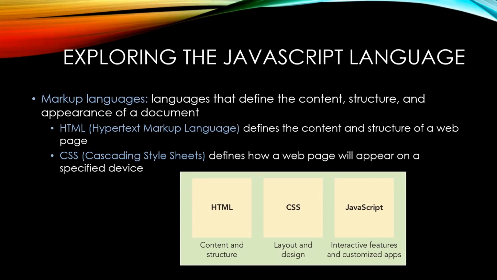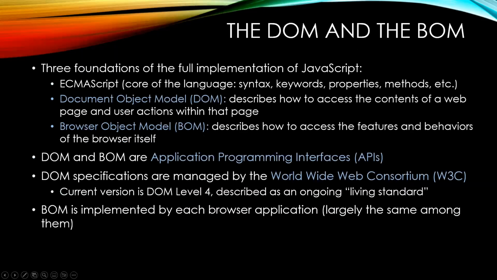Another type of markup language that we are going to look at is a CSS file. You may have heard this before. It's called a cascading style sheet. That basically defines the appearance and the layout and the design of your web page. And then finally, your JavaScript, that's going to be your interaction and how your user interacts with the actual website.